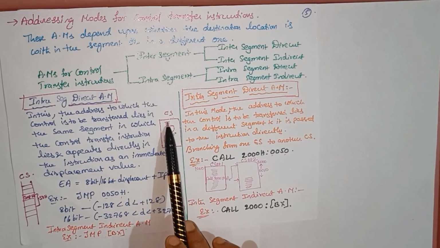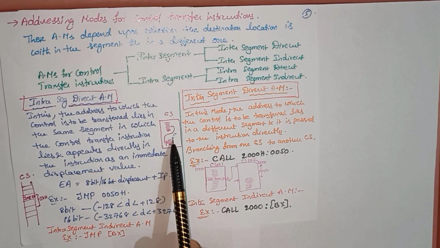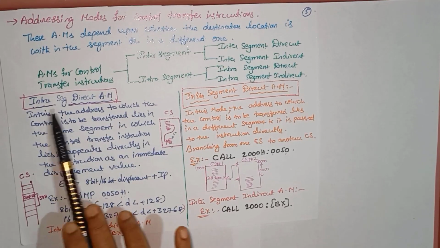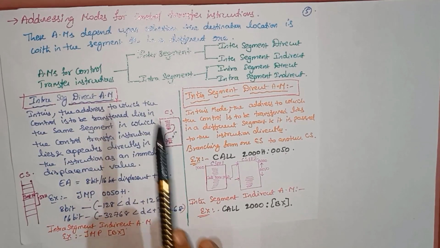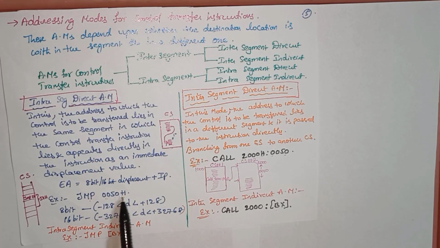Within the segment, next instruction within the segment, that we call intra-segment. That address can be specified directly or indirectly. Here if you use jump 0050, then we can say this is direct addressing mode.